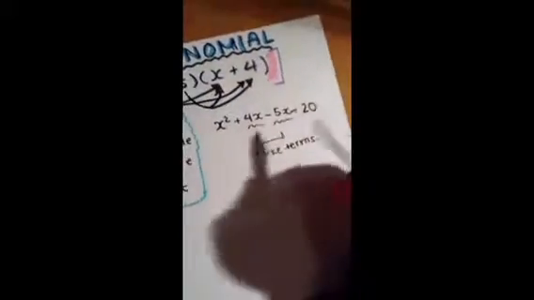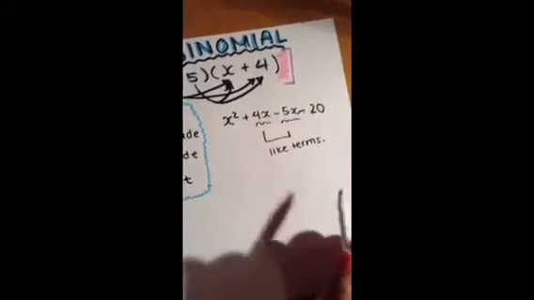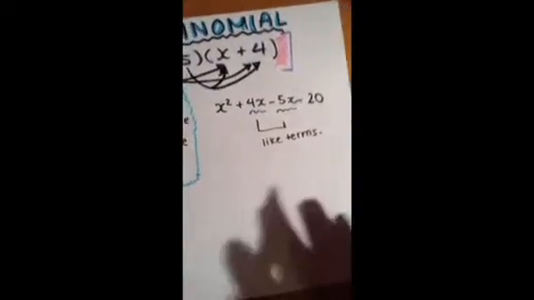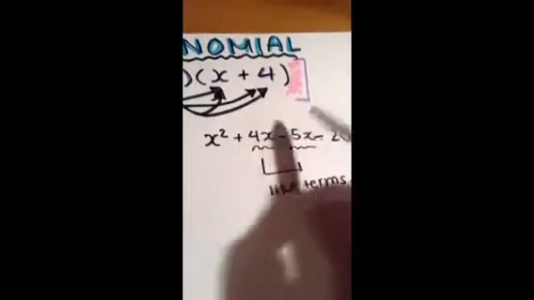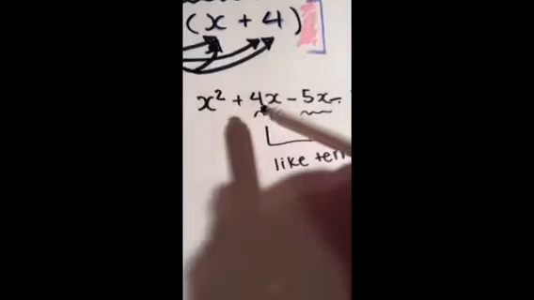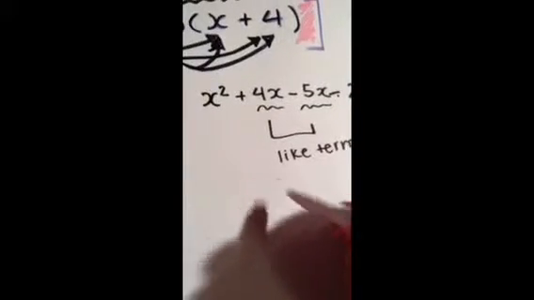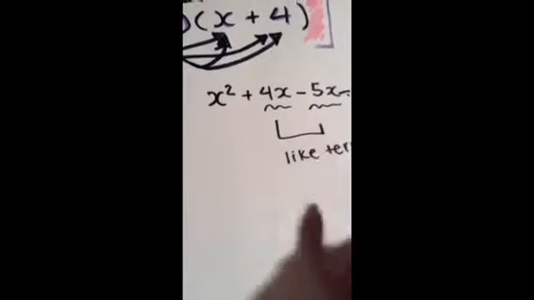In your final answers, there shouldn't be any like terms. If there were, it would mean that you didn't simplify it. So to simplify it, all you have to do in this case is subtract. 4x take away 5x, you're going to end up with negative 1x.